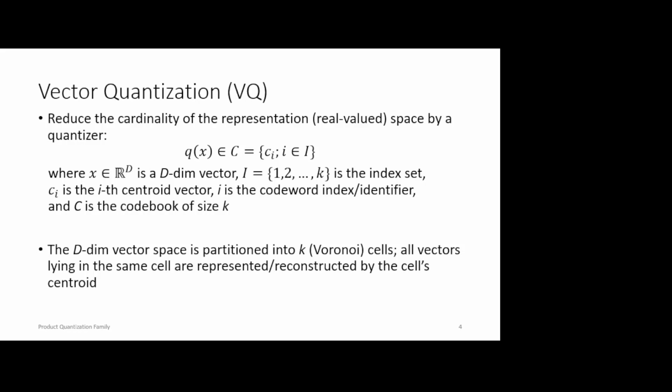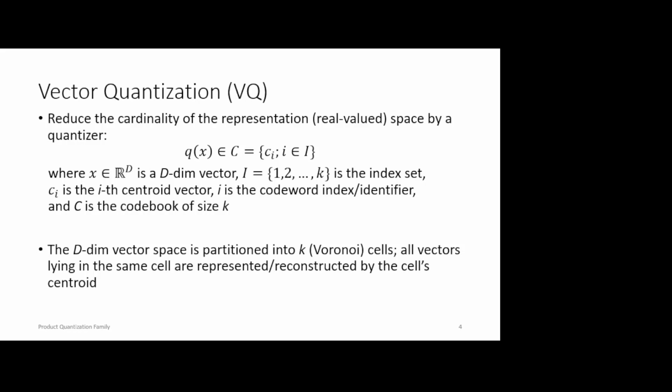C is a codebook. A codebook can contain many code words, Ci. Suppose you have 100 code words in your codebook, then Ci will be indexed from 1, 2 until 100. Sometimes we also call code words centroids, because usually the code word is represented by a vector, which is the aggregation of all the vectors belonging to this code word.